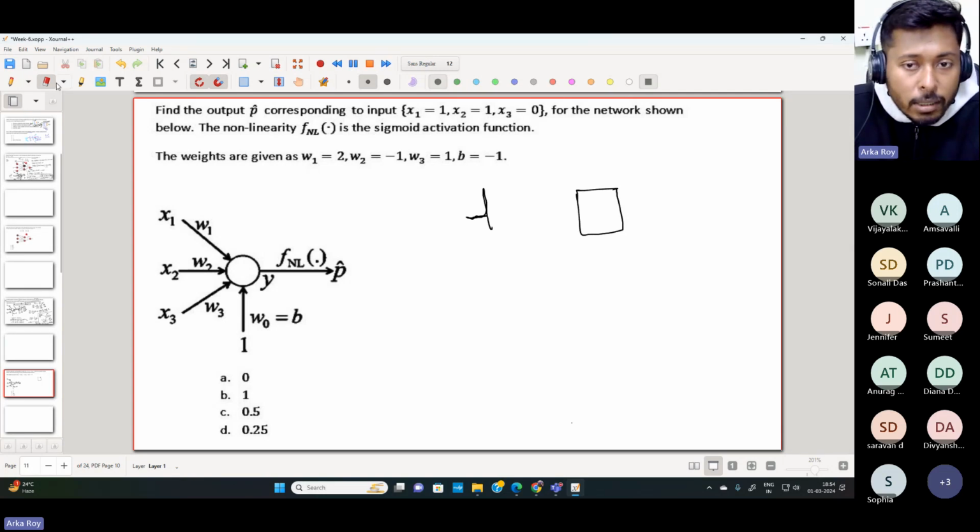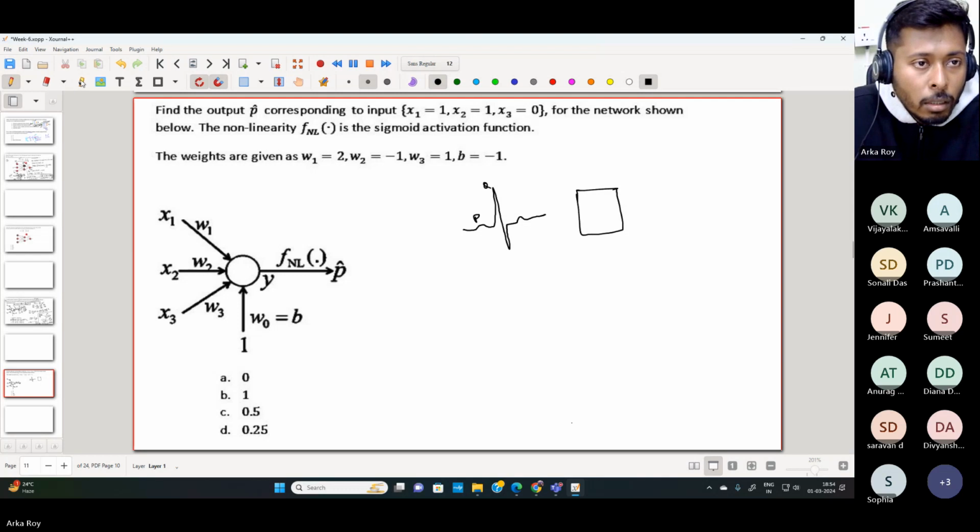If a normal person is there, his or her ECG will look like this. So this is a normal ECG beat.